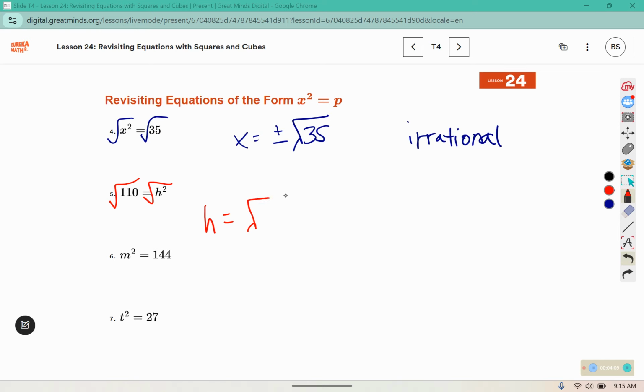H is the positive or negative square root of 110. Now 10 times 10 is 100, but 11 times 11 is 121. So this is in between 10 and 11. And since it's not a whole number answer, it is also irrational.